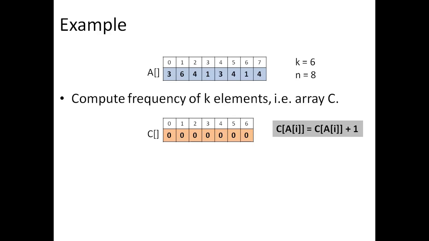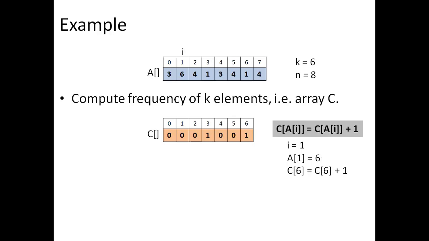Now one has to linearly scan the array A and increase the content at C of A of i by 1. That is, C of A of i plus 1. We will start with i equal to 0. So A of i is equal to 3. Therefore, C of 3 will be increased by 1.